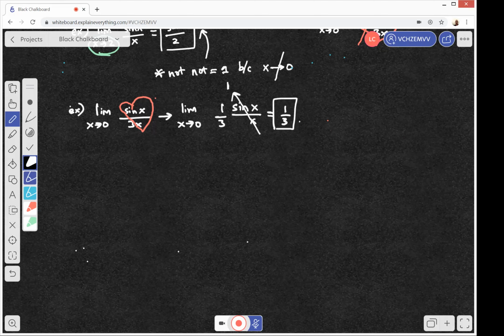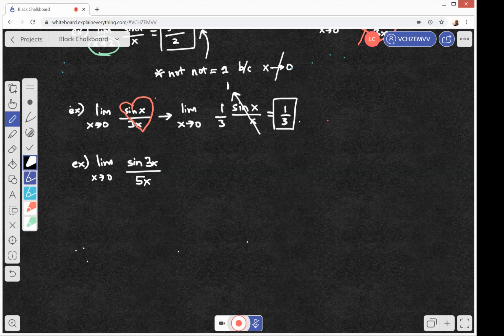All right, next example. Limit of sine 3x over 5x as x approaches 0. I'm going to give you some clues here. We want to get a match.